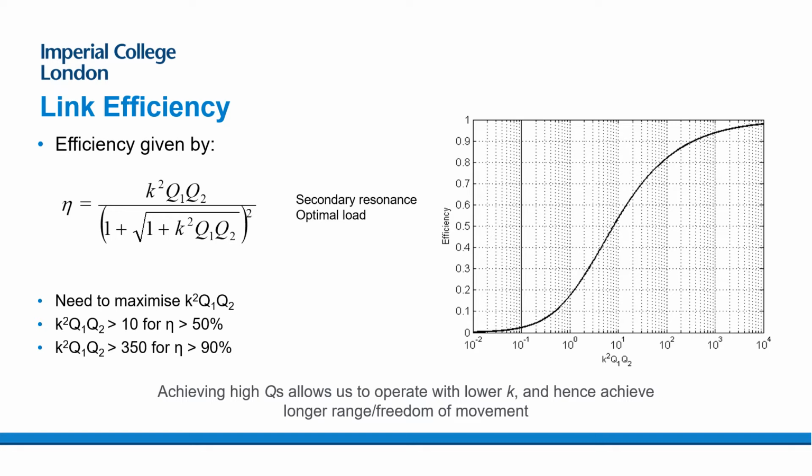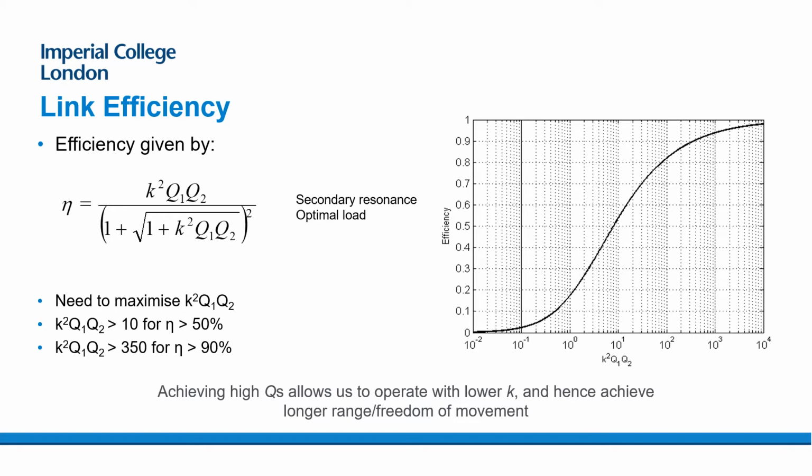If you plot the efficiency against k squared Q1 Q2, you can see that as you get to very high coupling factors, which would be the case in a regular transformer, or alternatively very high Q factors, or all of them being high, then the efficiency tends towards 1.